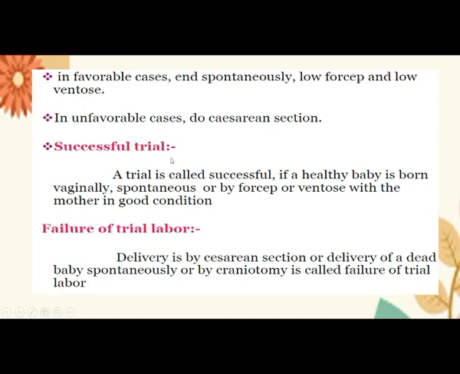A trial is called successful if a healthy baby is born vaginally, spontaneously or by forceps or ventouse, with the mother in good condition. Failure of trial labor means delivery by cesarean section, or delivery of a dead baby spontaneously or by craniotomy.